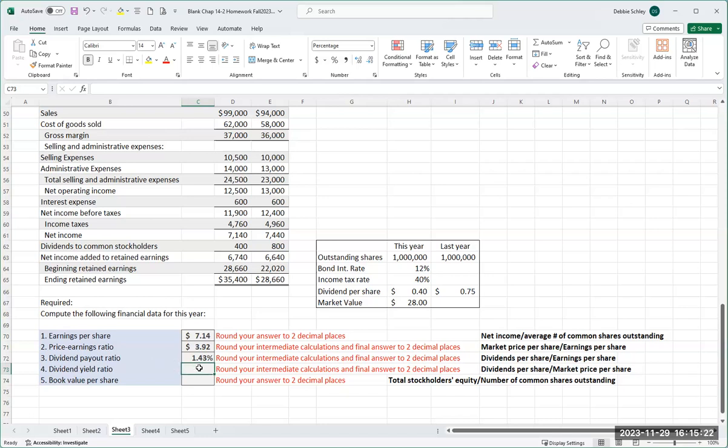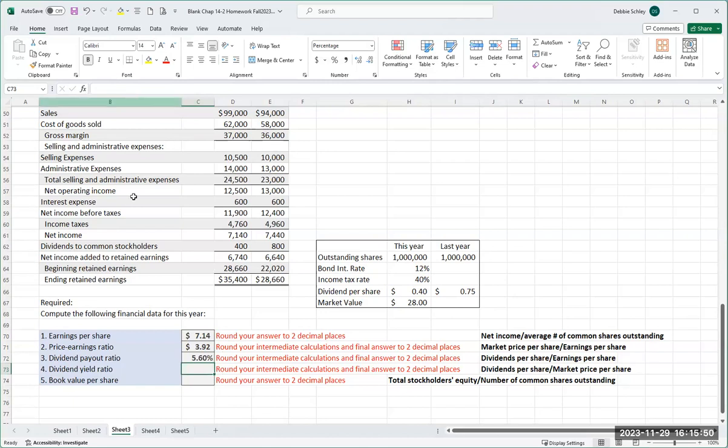Dividend yield ratio equals dividends per, oh, whoops. Oh, I did that one wrong. Sorry. Dividend payout should actually be dividends per share divided by earnings per share. So dividends per share divided by earnings per share.